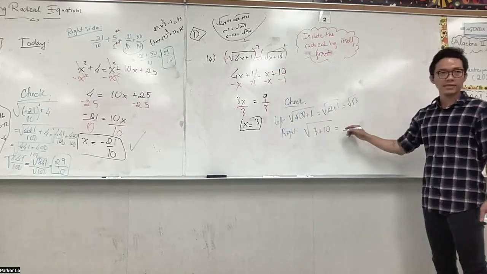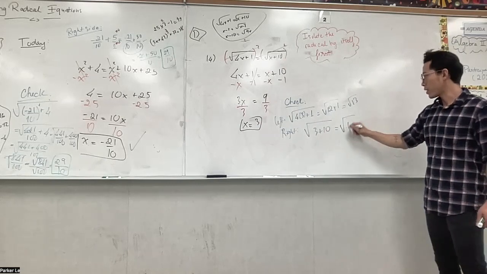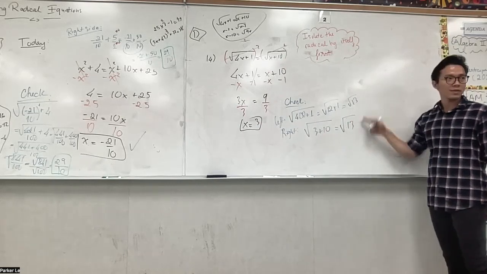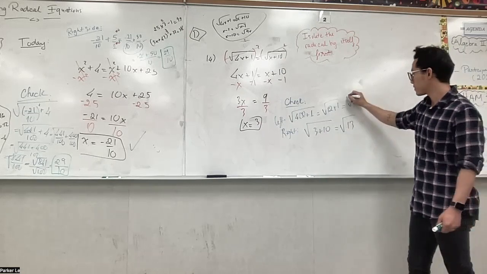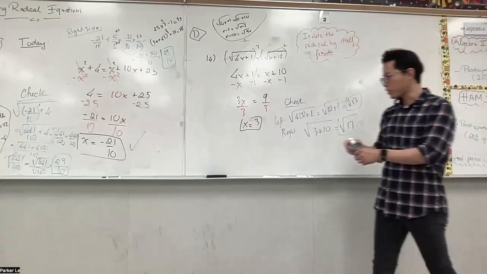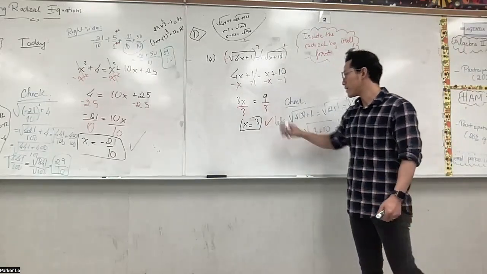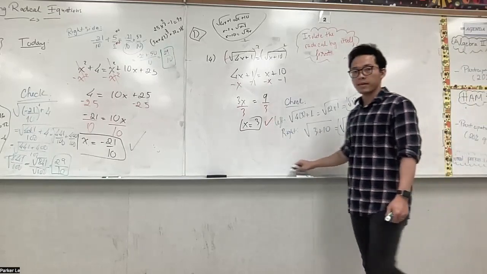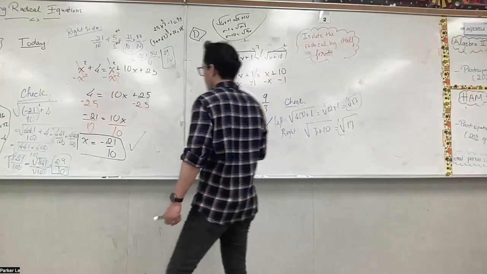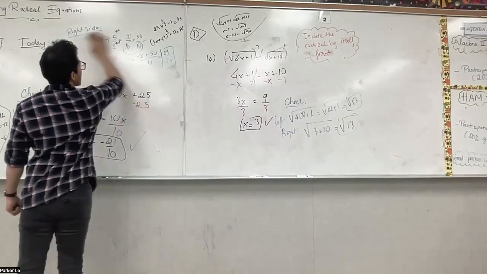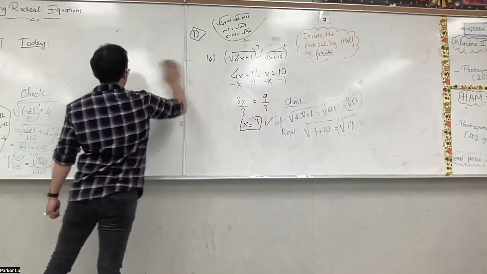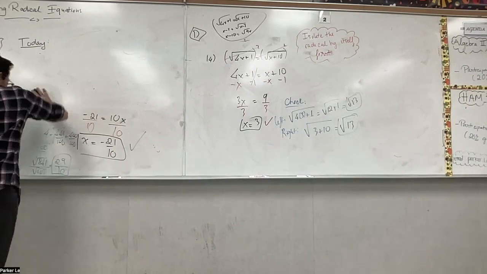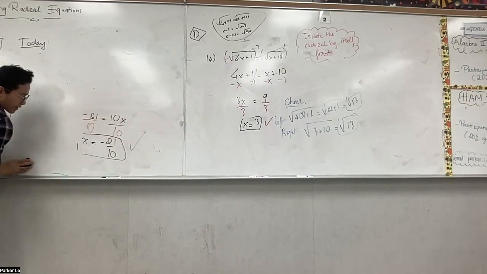What is 3 plus 10? So square root 13. Are they equal? Yes. So this is a solution, because the left side equals the right side, that means it is a true statement. So you check the left and you check the right to see if they're both equal to the same thing.